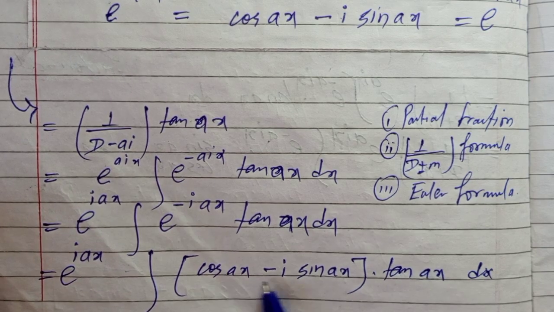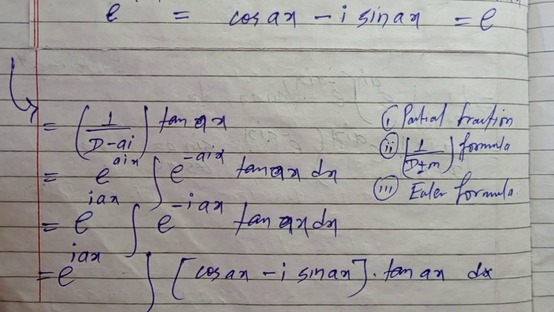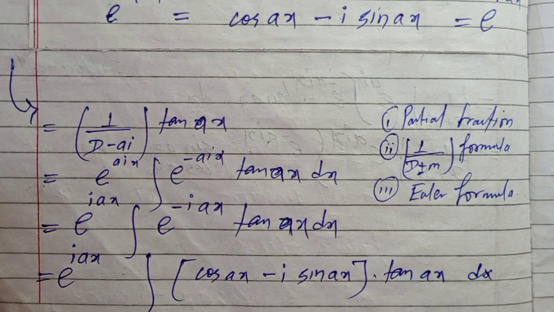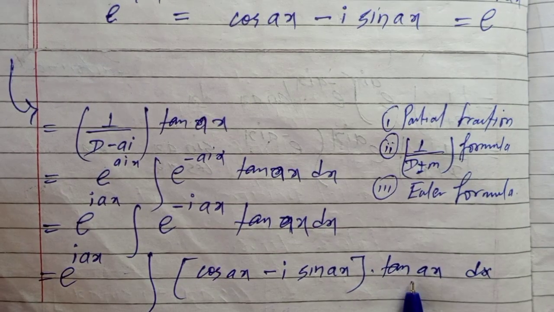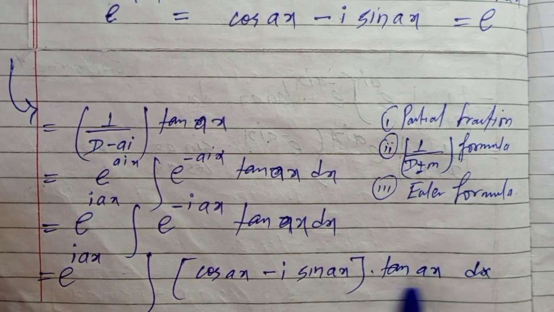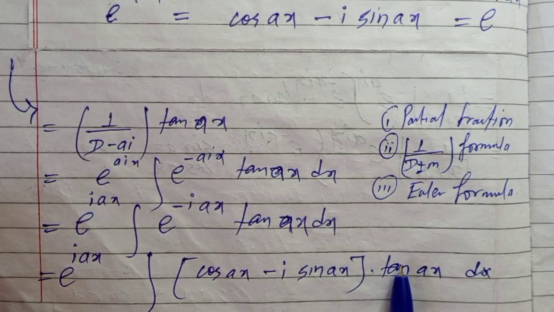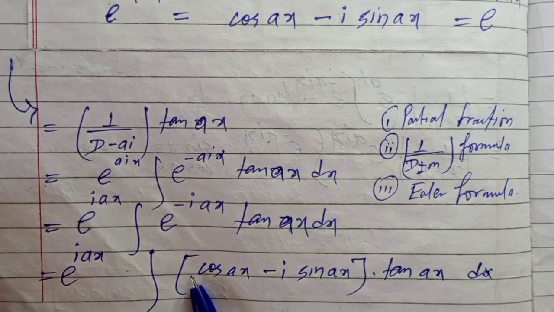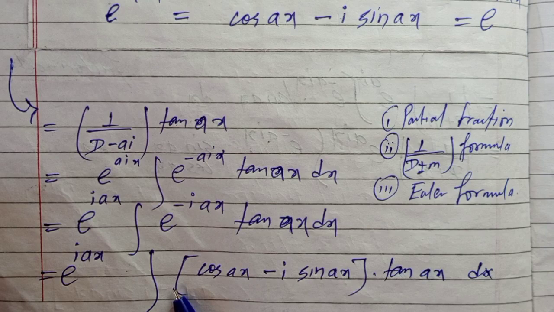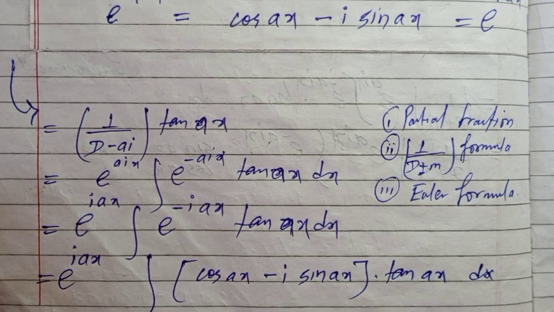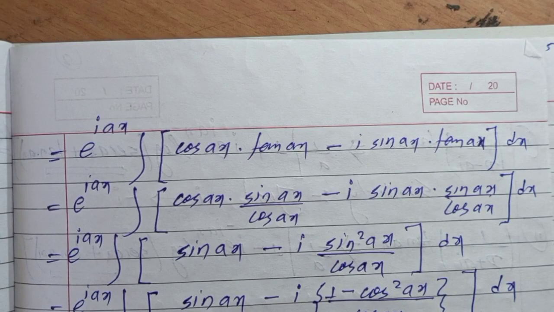So this is our final expression. Further, we multiply tan ax to both of them, meaning we distribute tan ax to both of these terms, the sin term and the cos term. So our new expression will look like this.